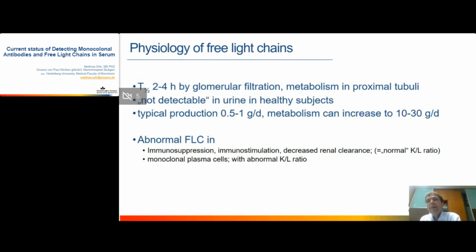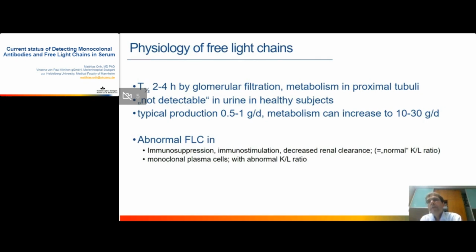I can have a massive increase in production of free light chains without any light chain showing up. If this stays on for a longer time and my kidneys are damaged by the multiple myeloma, then the urine will also show the free light chains.